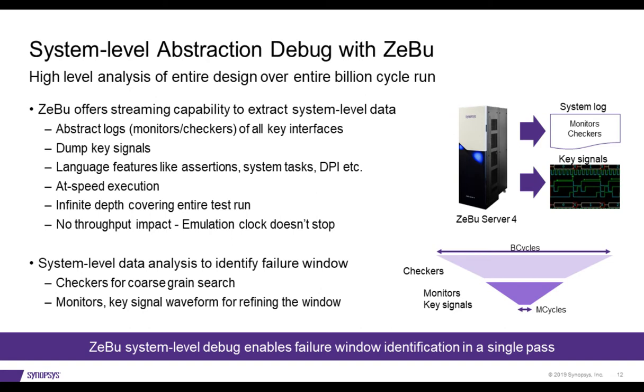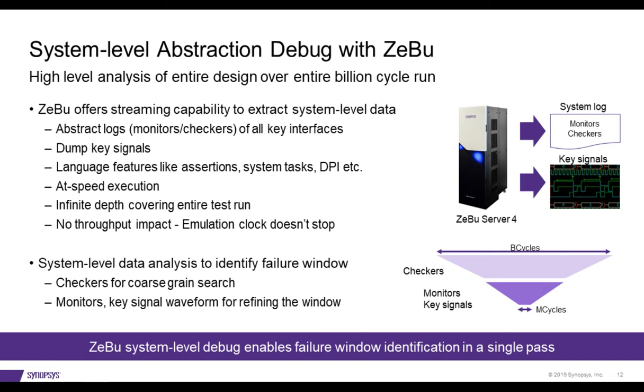So now, once you've dumped all of this system level data in the regression at speed, the next step is how do I use this data to find my window of interest. And so this is where you're doing offline analysis of the data. You're using your checkers for a coarse grain search, and then you're using your monitors and key signal waveforms for refining the window.